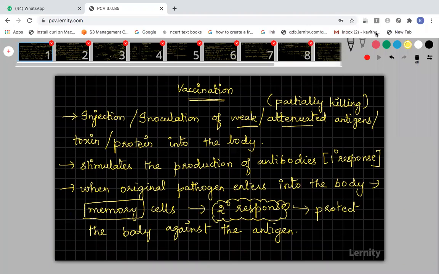One student has asked me: the TT vaccine is generally given for injury, but why is it given during pregnancy? See, during the pregnancy period, the mother will be sharing her immunity with the fetus, because the fetus does not have any special type of immunity. Through the placenta, the mother shares IgG antibodies with the fetus.